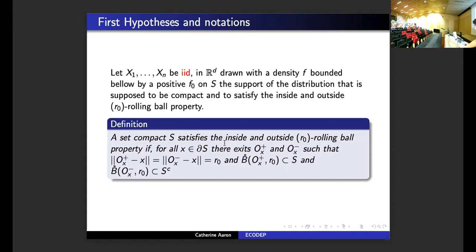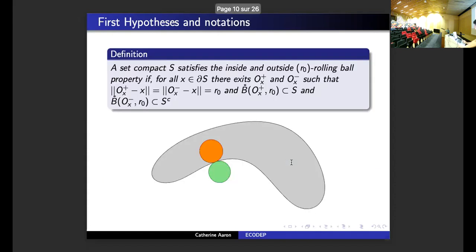Our support, we want the boundary to be regular enough. There is a popular regularity condition, what we call the rolling ball condition, which is this one. I just put a picture here, which is better.